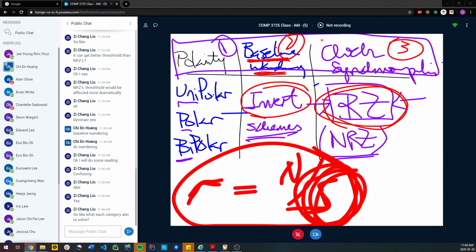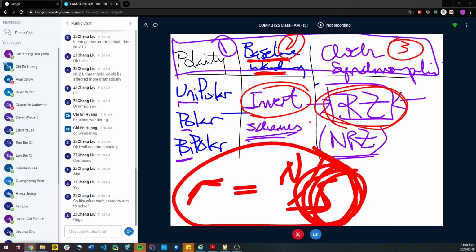What solves what, and what are the issues associated? The three issues that we talk about are polarity, baseline, and clock synchronization, the techniques to solve them, and the cost of solving them. Does anybody else have any questions?